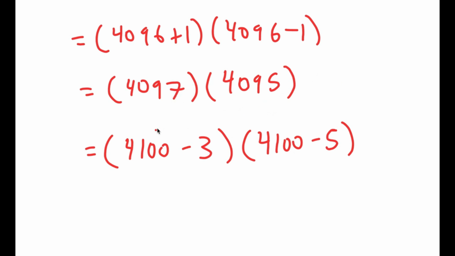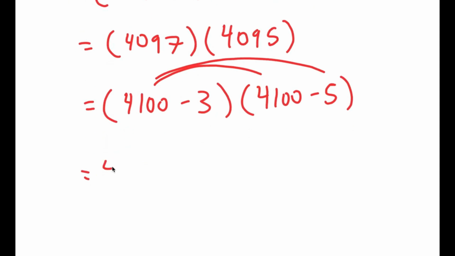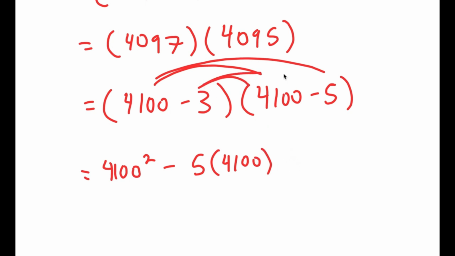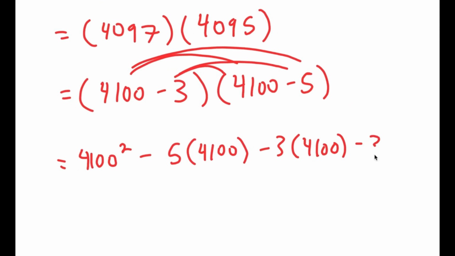So now, I'm going to distribute my 4,100. So I get 4,100 squared minus 5 times 4,100. And then now I have minus 3 times 4,100 minus 3 times negative 5.